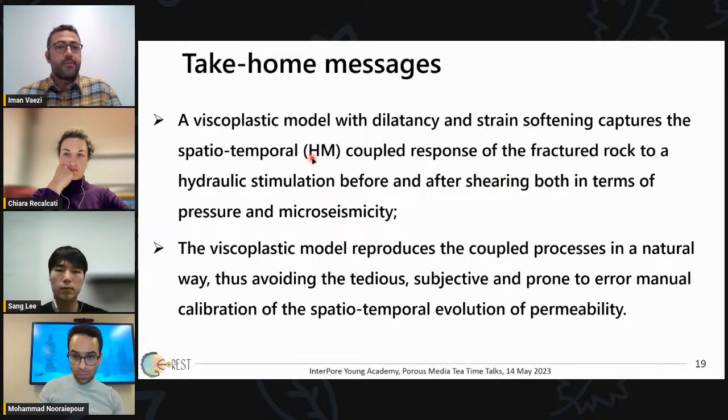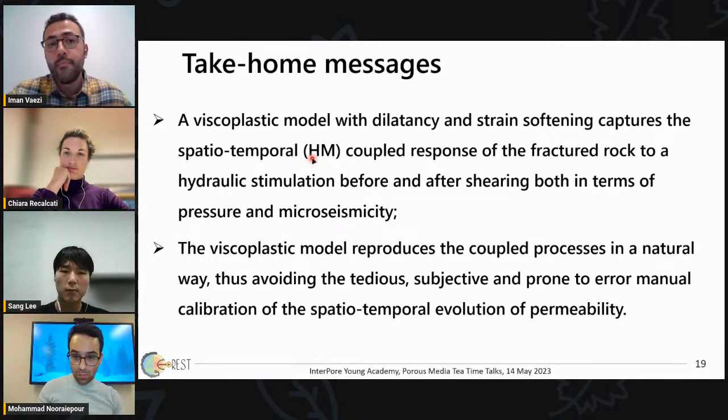For the take-home message, the viscoplastic model, including dilatancy and strain softening, improves the simulation in three aspects. It can reproduce a special temporal coupled process of the fractured rock to hydraulic stimulation before, at the onset of the shear, and after shearing.